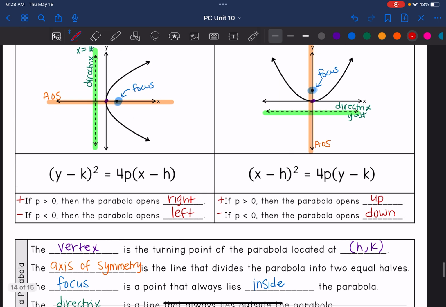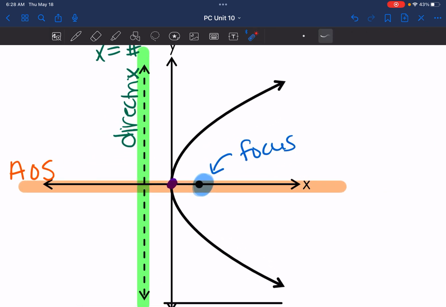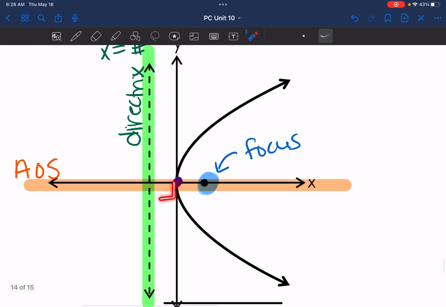So what that means is when you're looking at your picture here, I'm going to zoom in. This was our vertex right in the middle. So that means that when I go P to the left, I'll hit the directrix. When I go P to the right, I would hit that focus.